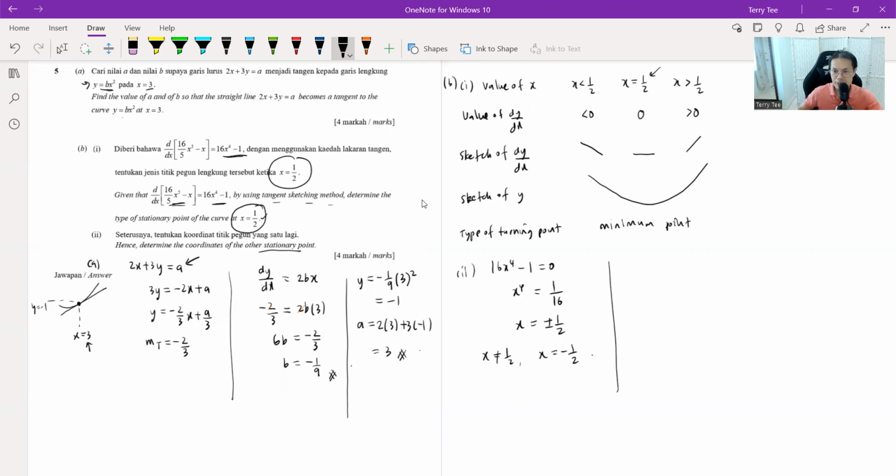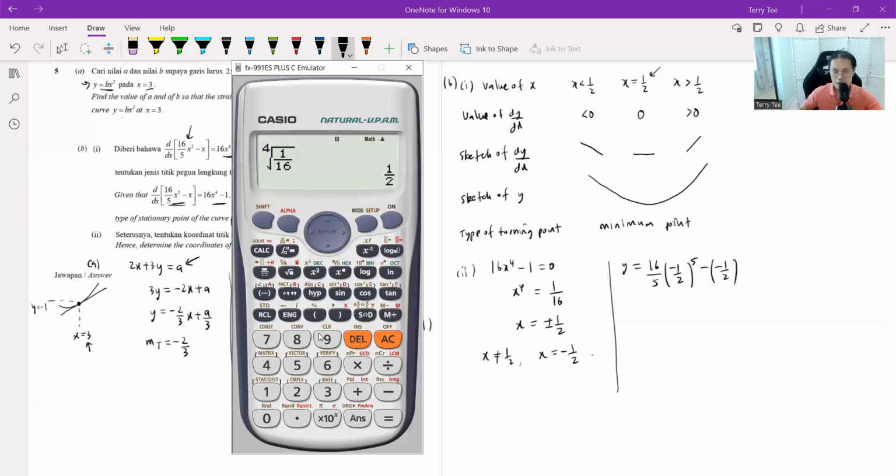Okay, but I still need to find my y value. Let's sub inside here. This is your y. Your y is 16 over 5 times negative 1 over 2 to the power 5, minus negative 1 over 2. Okay, calculator, 16 over 5, negative 1 over 2, close bracket, power 5.